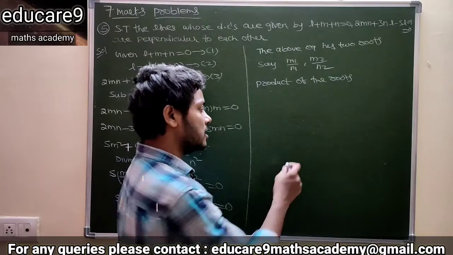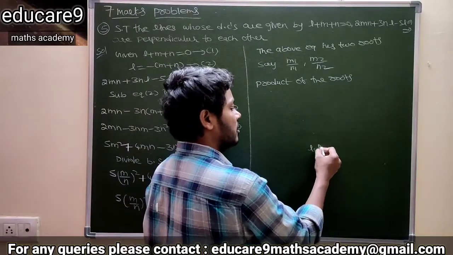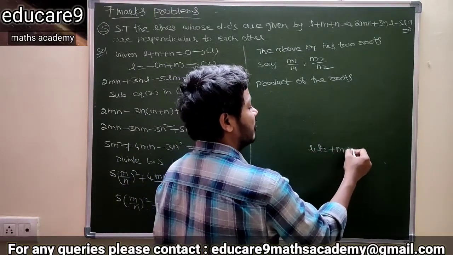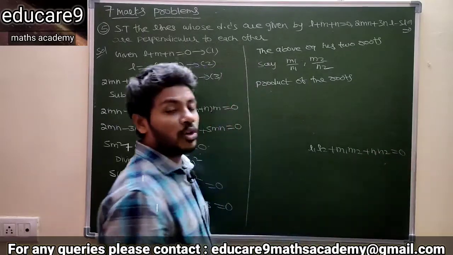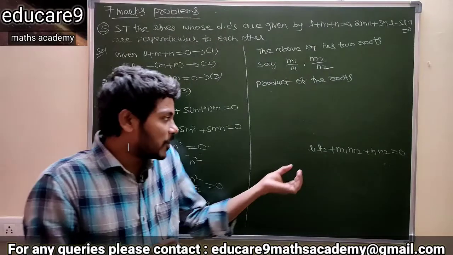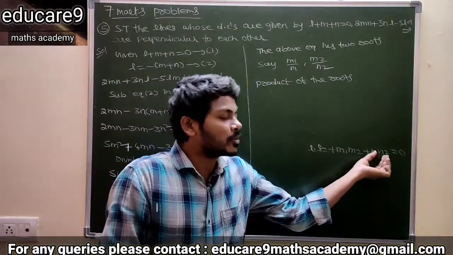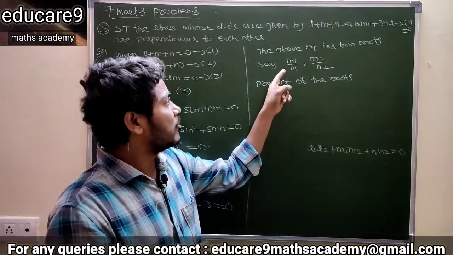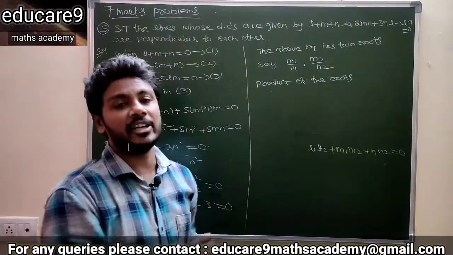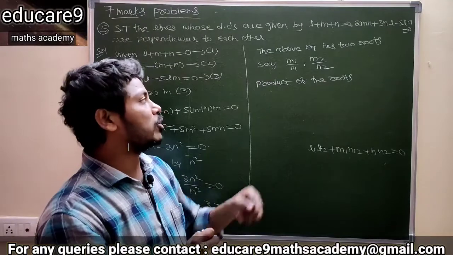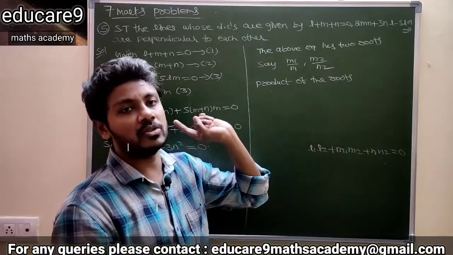Why? Because you know that l1 l2 + m1 m2 + n1 n2 equals 0 means the two lines are perpendicular. Here we need the product of the m terms and the product of the n terms. So if you multiply these two, you will get the product of m terms by the product of n terms. That's why we have to find the product of the roots.